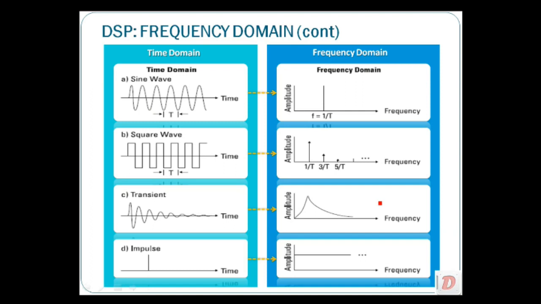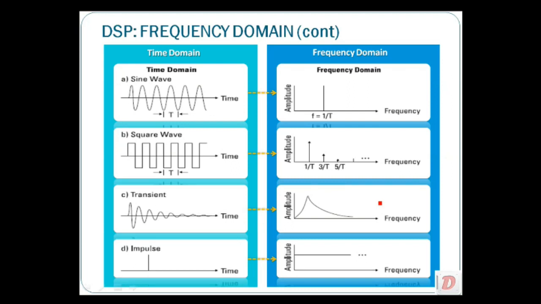If you have a square wave, it will give you a frequency of 1 over the period of this square wave, plus the 3 times, 5 times, 7 times, 9 times, so-called odd multiples of this fundamental frequency.